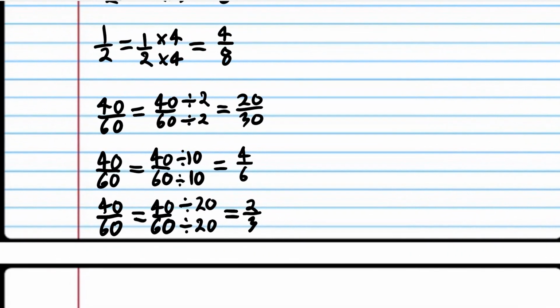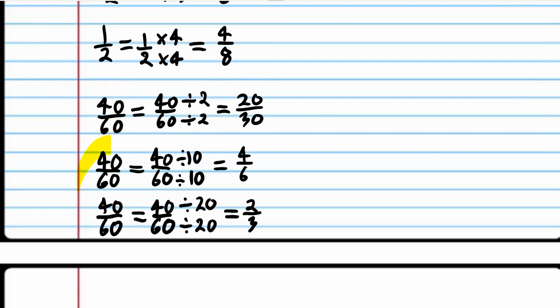For example, if you have 40 over 60, if you divide both sides by 2, then you get 20 out of 30. 40 out of 60 is the same as 20 out of 30. And you can also say 40 60ths or 20 30ths.